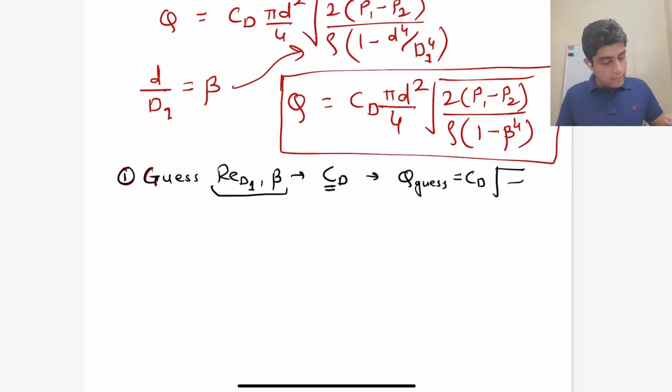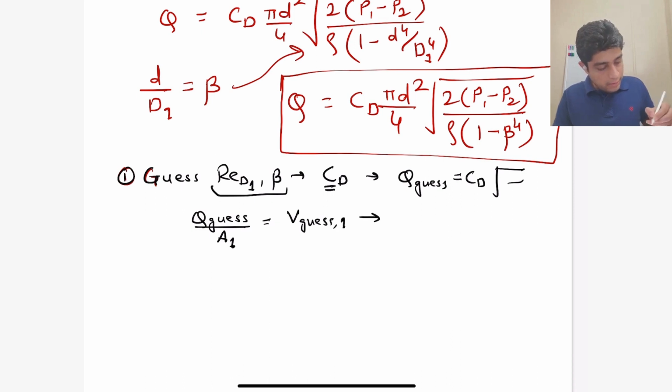Now from this guessed flow rate, you can find out the velocity downstream by just dividing this with the area downstream. So this gives us a guess velocity downstream, and here you can again find out the Reynolds number downstream, which is basically rho times diameter and the guessed velocity.